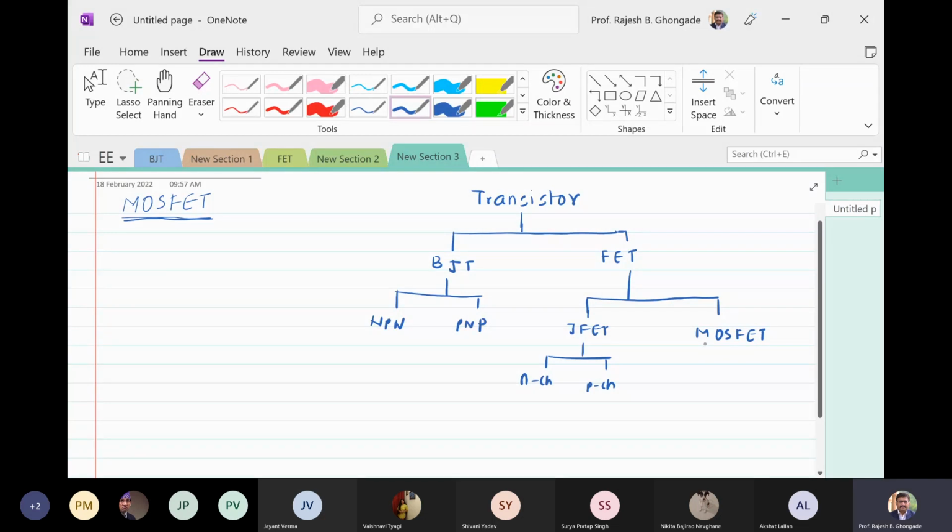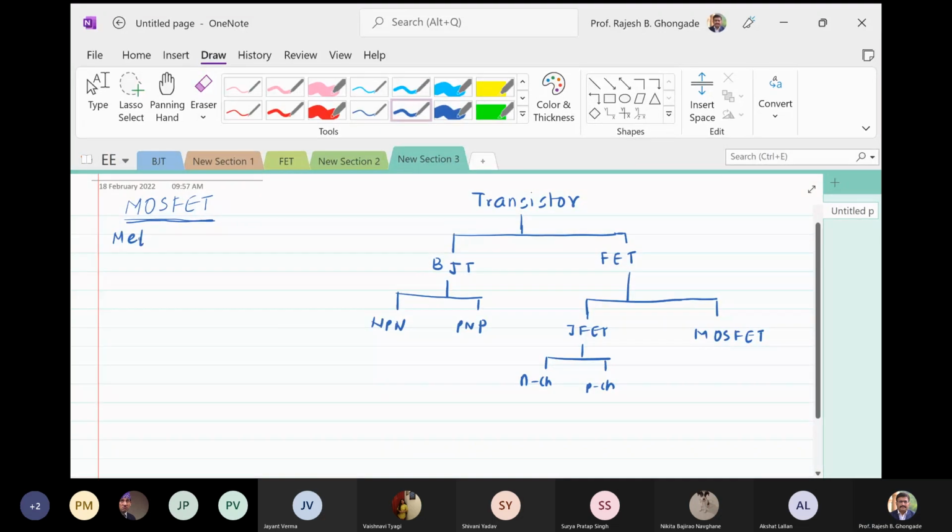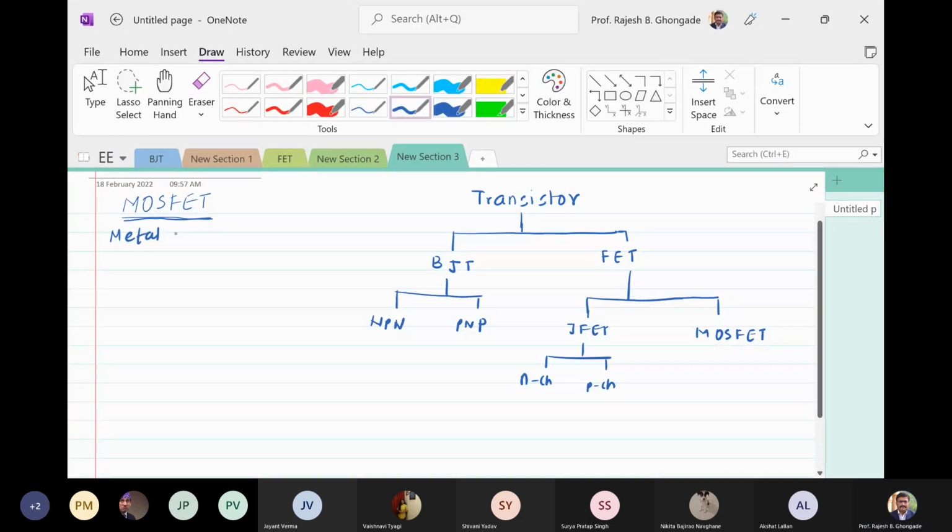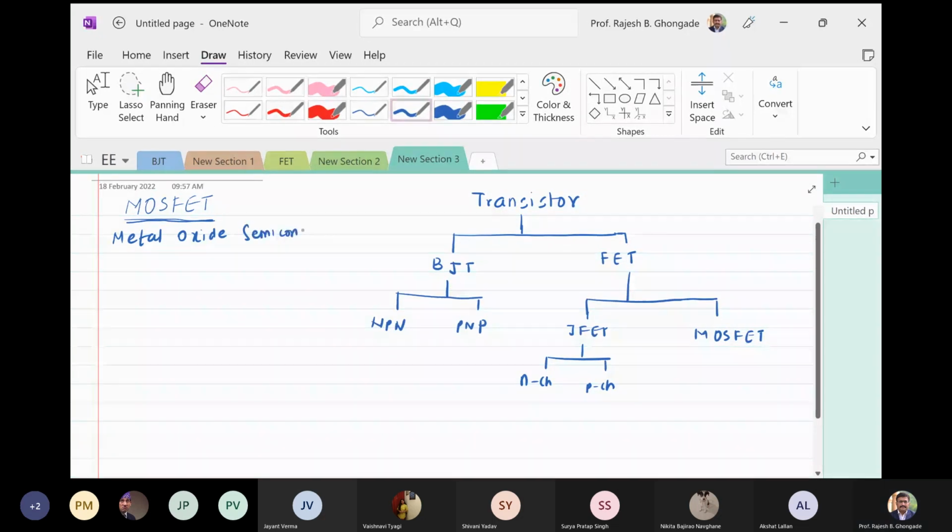MOSFET stands for metal oxide semiconductor field effect transistor. Okay. So we have metal, oxide, semiconductor, field effect transistor.